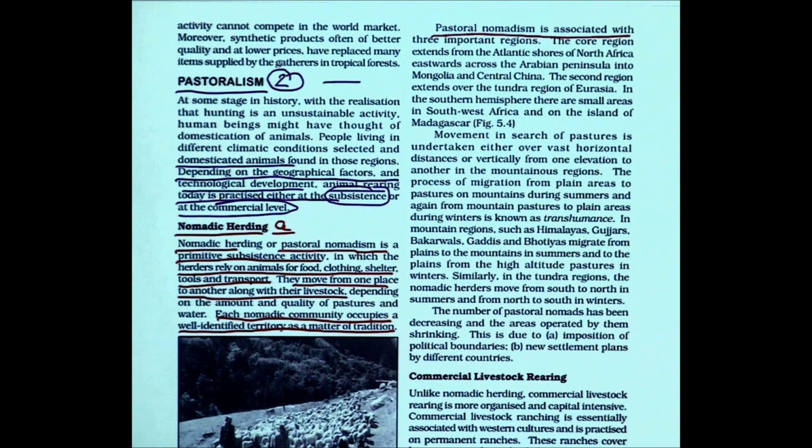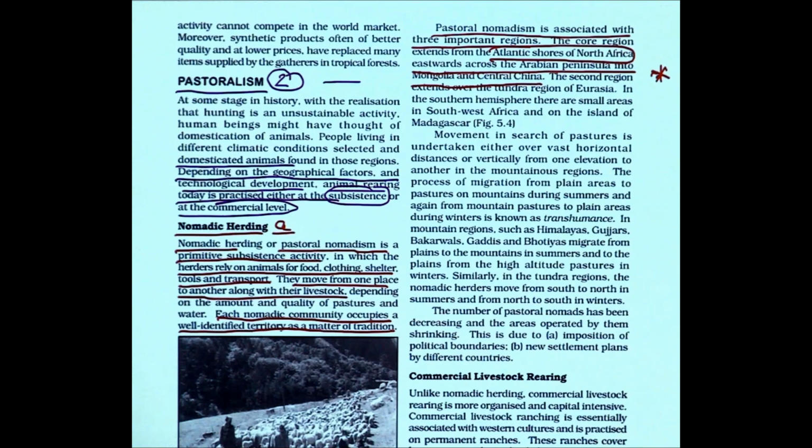Pastoral nomadism is associated with three important regions: Atlantic shore of North Africa, eastward across Arabian Peninsula to Mongolia in central China, and region number 2, putting a star mark to it, extends in tundra region of Eurasia. In the southern hemisphere, there is a small area in southwest Africa and island of Madagascar.